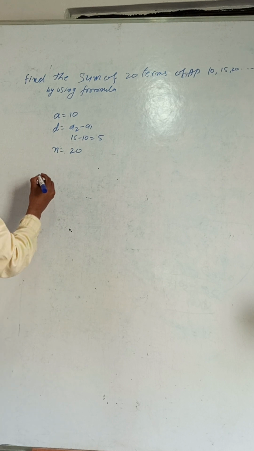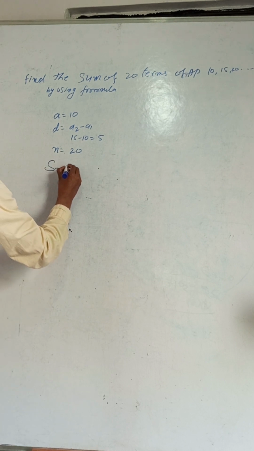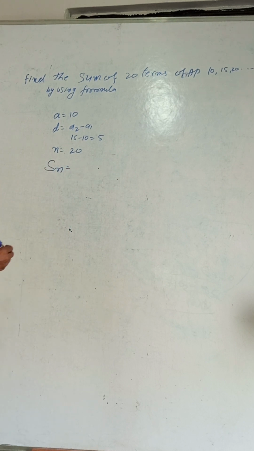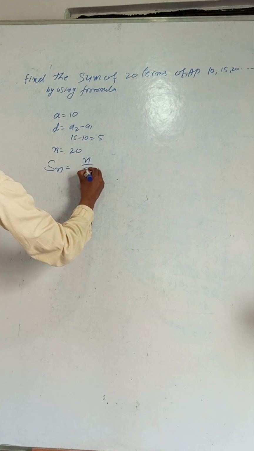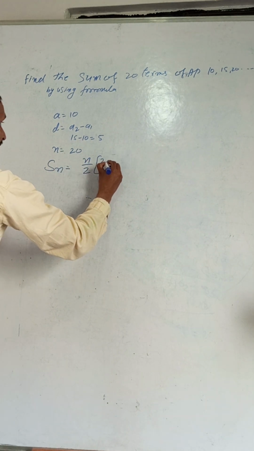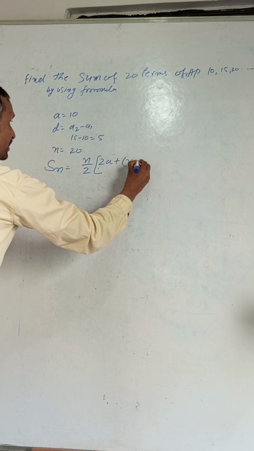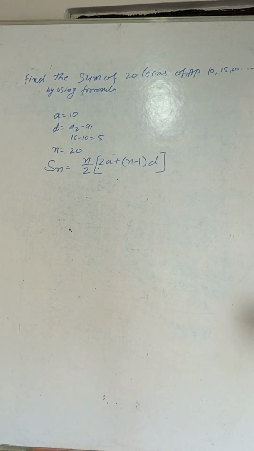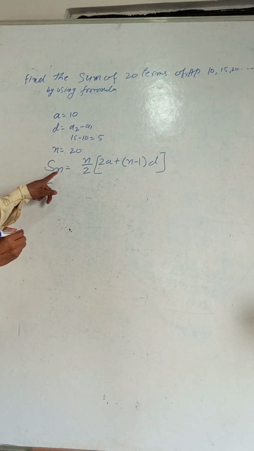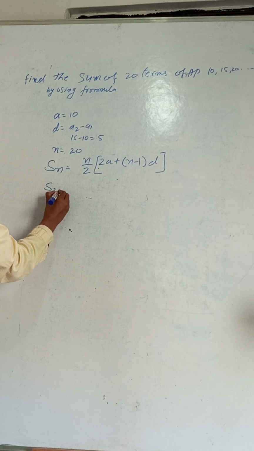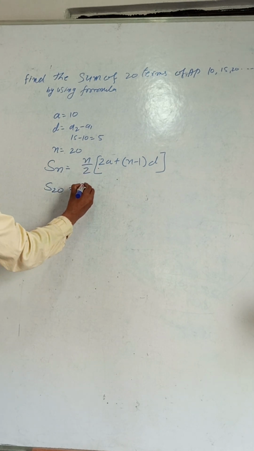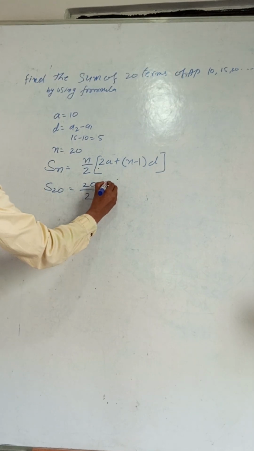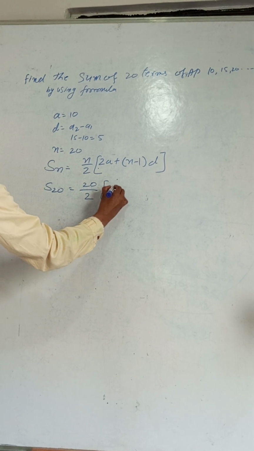Now we are going to find the sum. The formula to find the sum of n terms is S_n equals n by 2 into 2a plus n minus 1 into d. This is the formula for finding the sum of the given terms. Here n is equal to 20, already given, so S_20 is 20 by 2 into 2 times a.